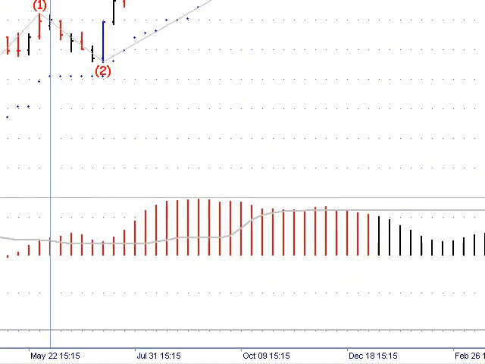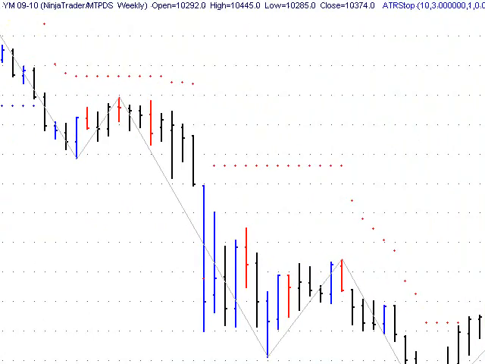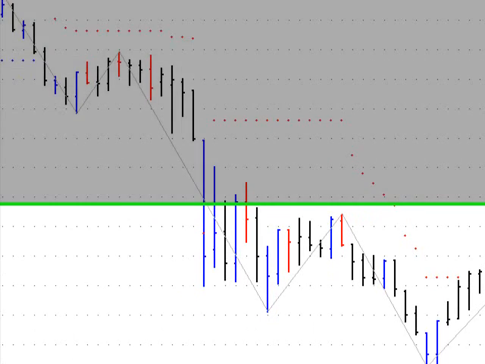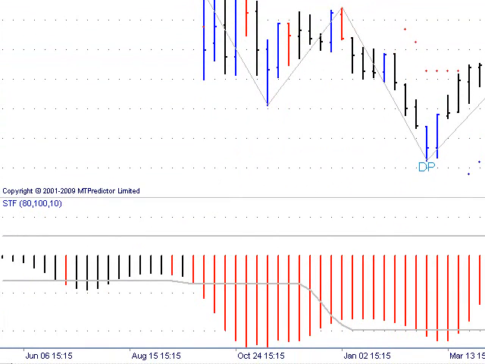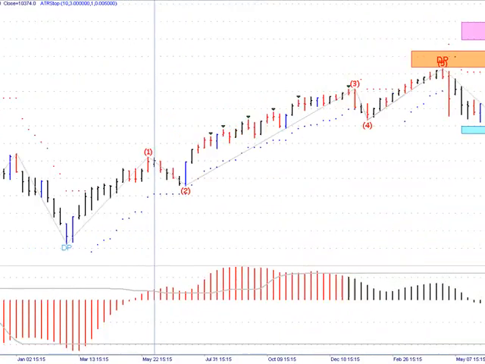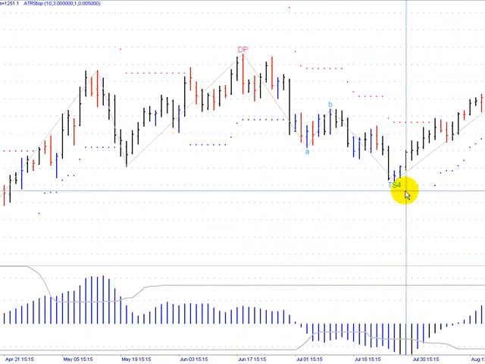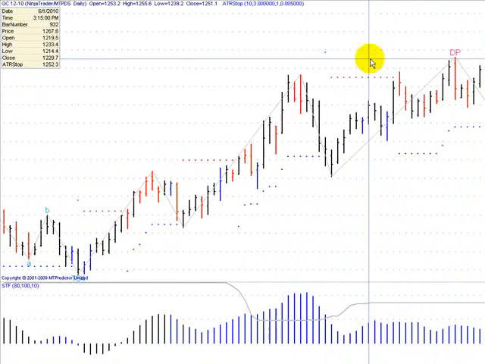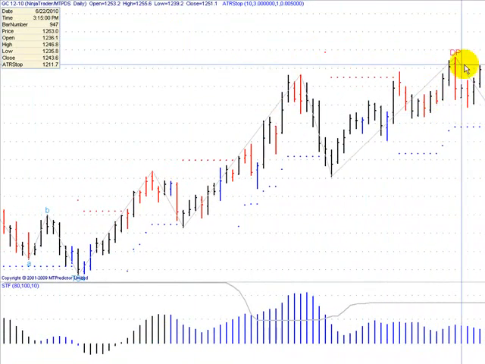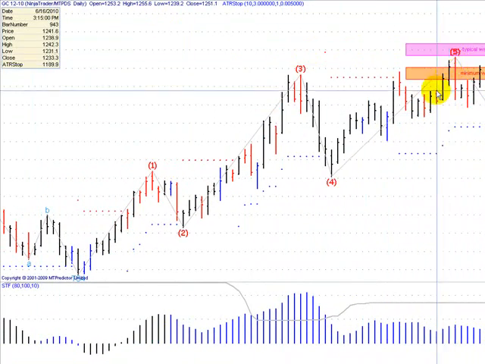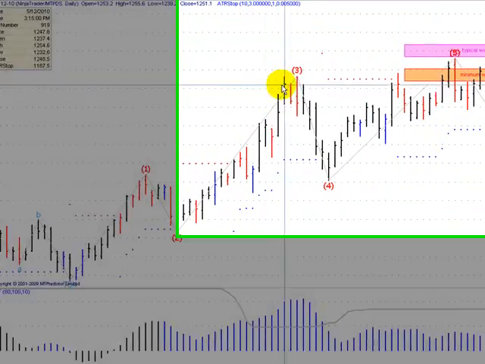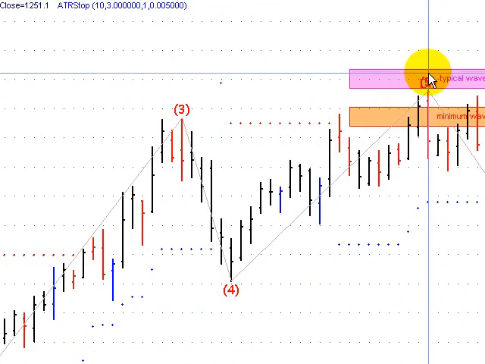Then let's just take a look at the gold market, because we've had a nice move in gold off our, let's see it here, our TS4. So we had our DP in gold, and again I can put the Elliott wave analysis on gold here, and we had that 5-wave pattern up coupled with the DP.